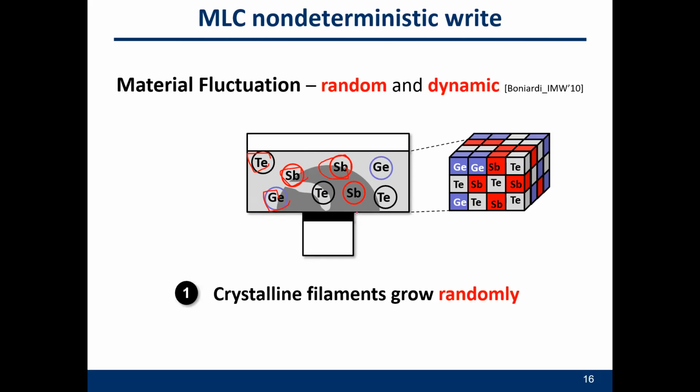When you do the programming, when you try to create some filaments on the amorphous fraction, if the filaments have less antimony, it's slower. If you have more antimony, then it's faster. So that's the reason why the write operation has different latencies. This is the so-called non-deterministic write.